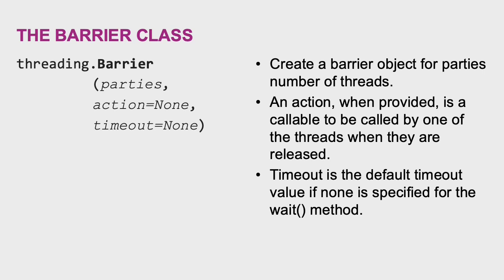And importantly, we can also specify a callable, which is some code that is invoked by one of the threads when they are released. In this case, the callable can do something, probably notify some other thread or write somewhere that a certain stage in the computation has been completed.